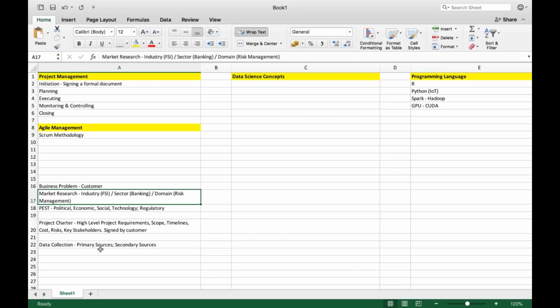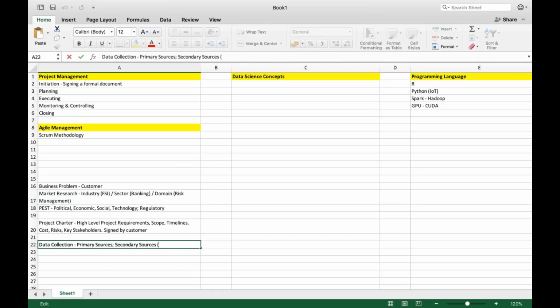Okay, secondary research means you might already be having a lot of data residing with that company or publicly available on the internet. Get the data and do some research. So you can get the data either from primary sources or secondary sources.